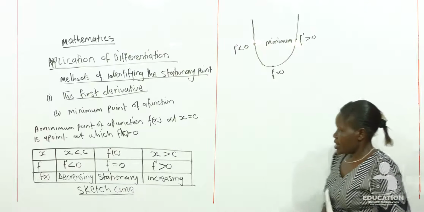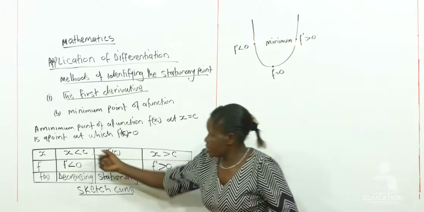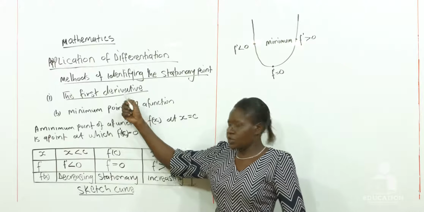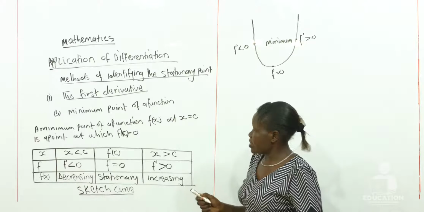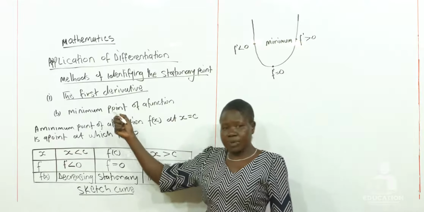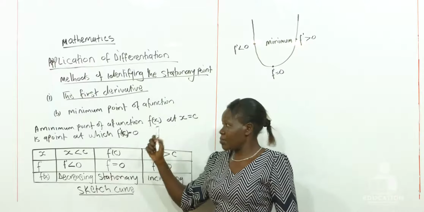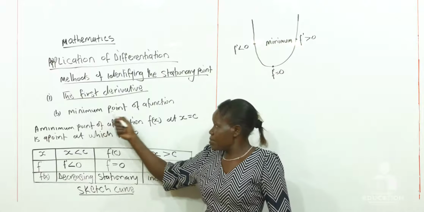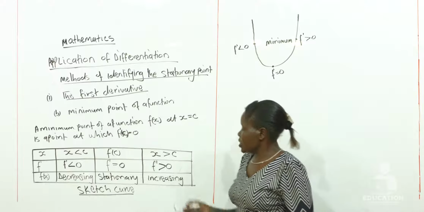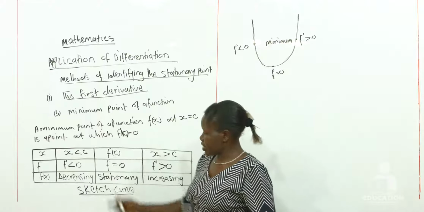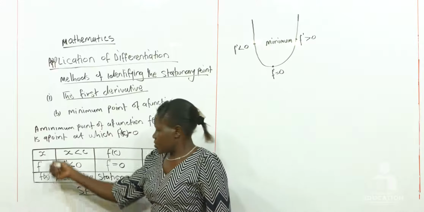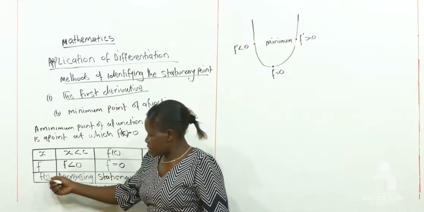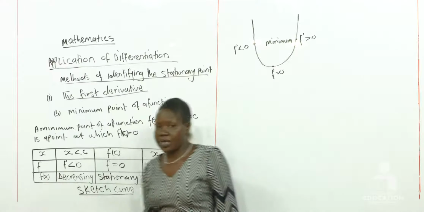So my learners, I want you to look at the blackboard. We are using the first derivative in identifying whether the point is a minimum or a maximum, but in this case we are looking specifically at the minimum point of a function. In our table, the first column has x, then the gradient, and then the function of x.